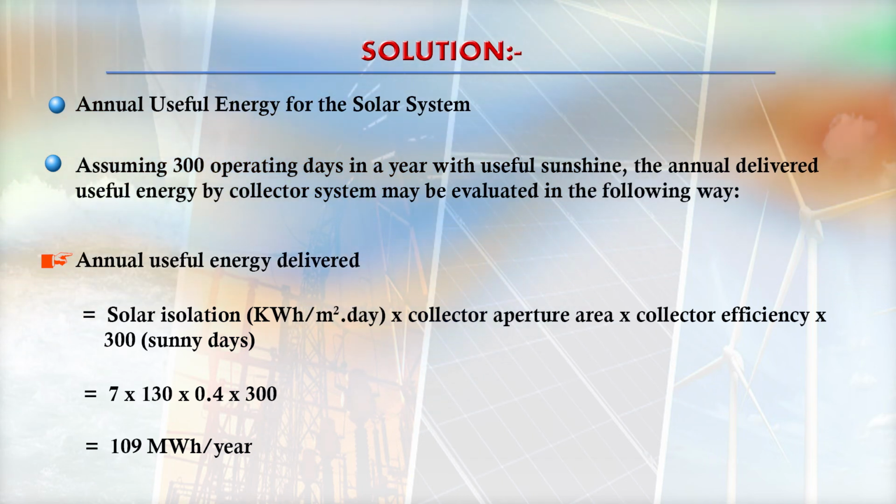Annual delivered useful energy by the collector system may be calculated as solar radiation into drying hours into collector area into collector efficiency into 300, the sunny days per year, and it is calculated as 109 megawatt hour per year.